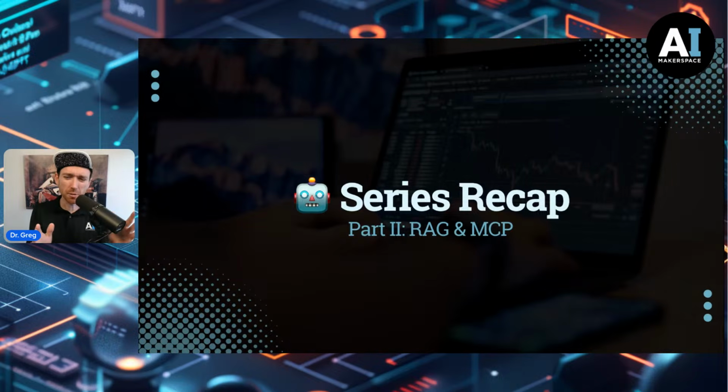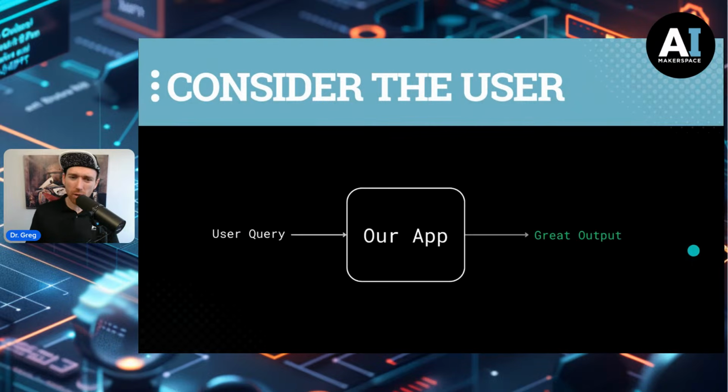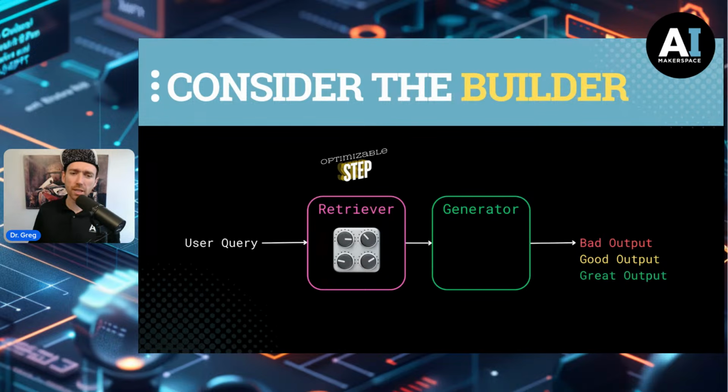Part 2 of this series was RAG and MCP. We wanted to connect our application to external data. And of course, when the user is using our application, they just want to get great output. They want it to be fact checkable. They want to understand exactly where this information is coming from, and avoid hallucinations.